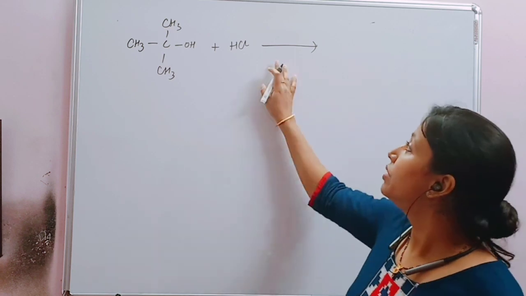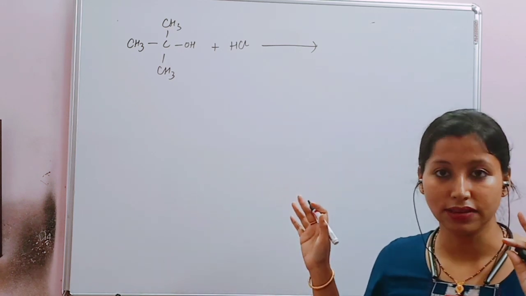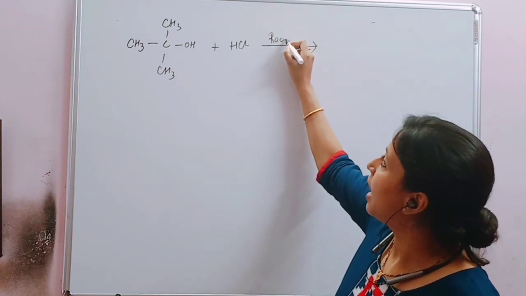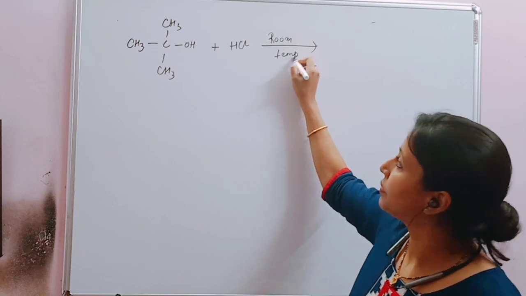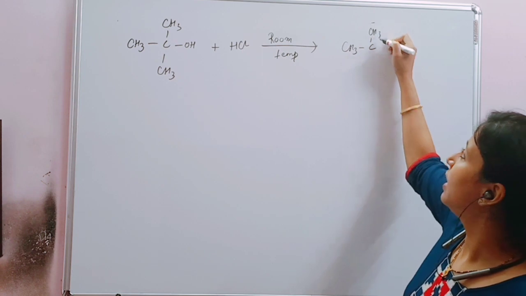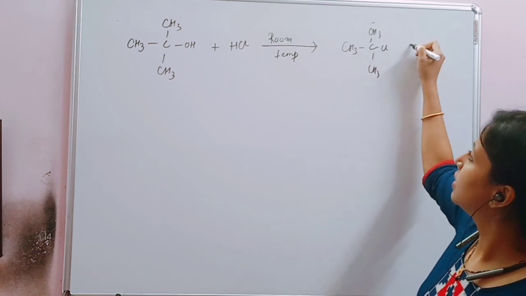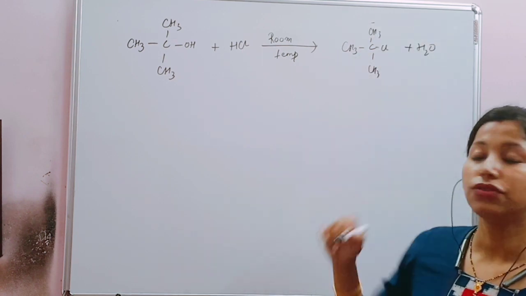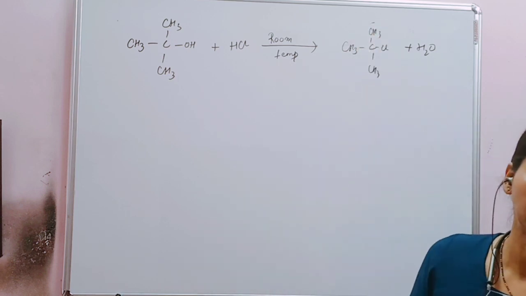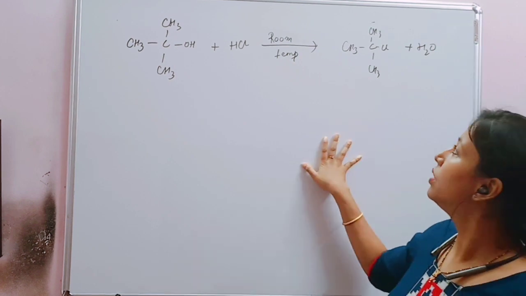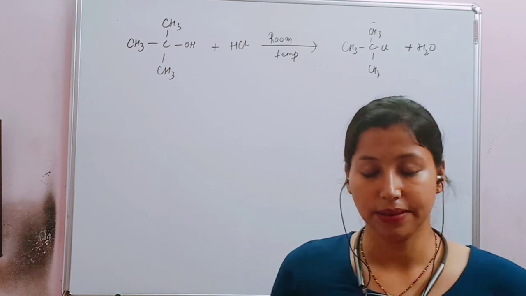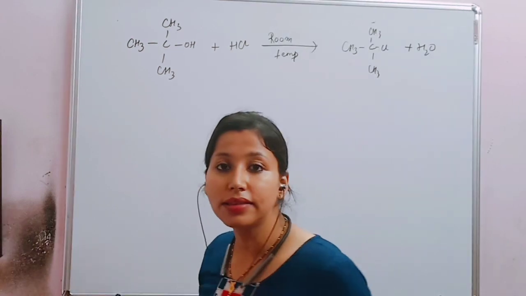You don't even need to add anhydrous ZnCl2 in this case, and the reaction can take place at room temperature. You will get your tertiary alkyl halide. So this is 2-chloro-2-methylpropane. All the products that we have prepared so far were chlorides. Let's see about bromides and iodides.